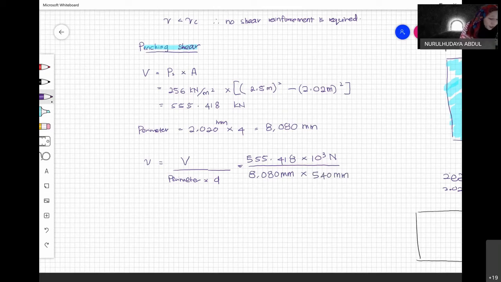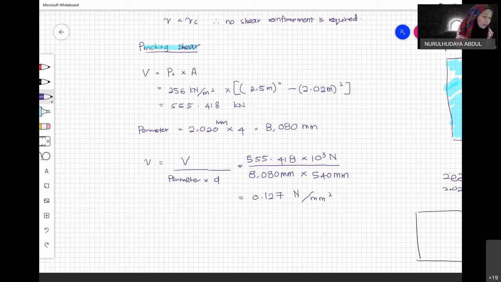Okay. So kita boleh dapat shear stress for this punching shear. 0.127. 0.127, betul? Thank you. 0.127 Newton over mm square. So kita dah dapat shear stress.